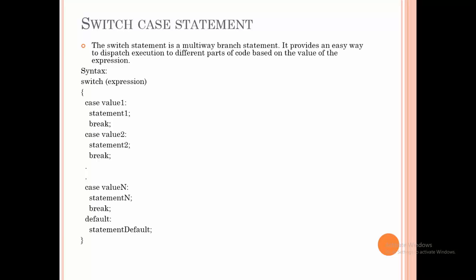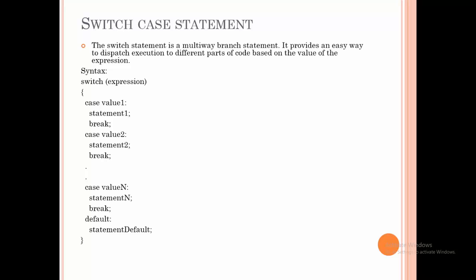Then the case values must be unique. Okay. In case of duplicate value, it renders compile time error, because if two case has same values means the expression which matches can be determined.